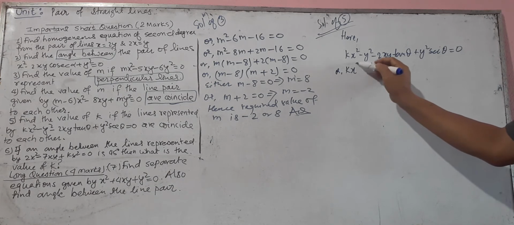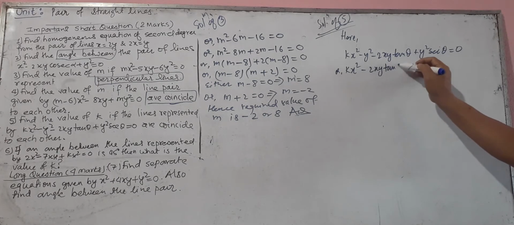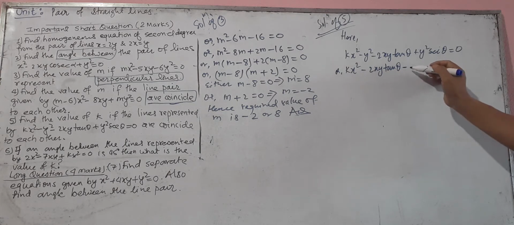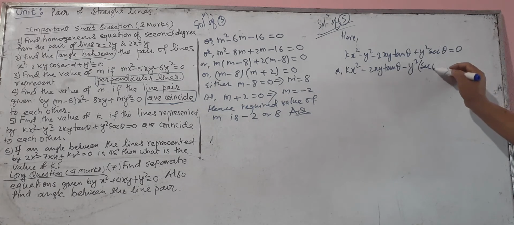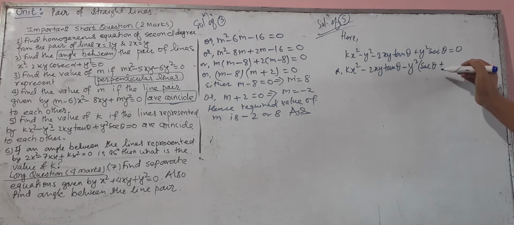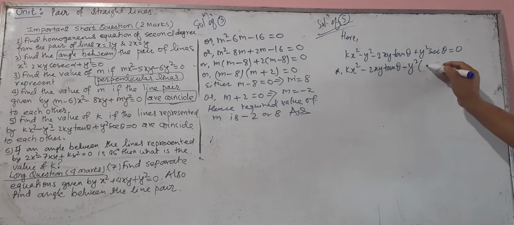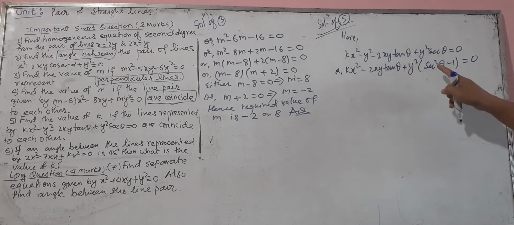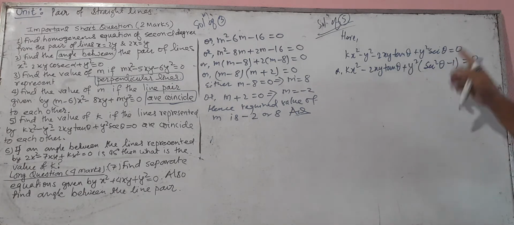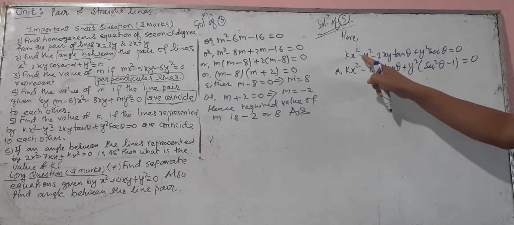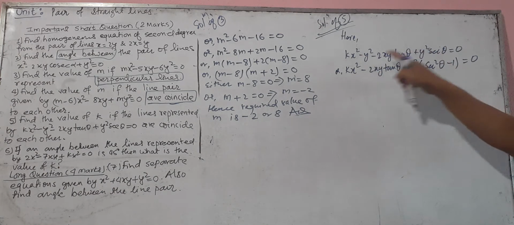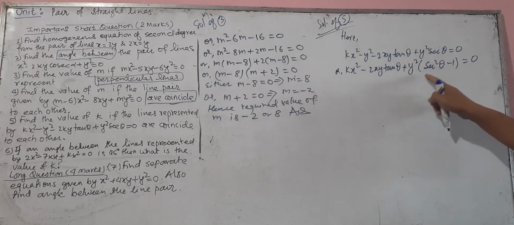So kx square minus 2xy tan theta, writing in the general form, minus, if you take y square common, then we get sec theta plus 1, minus... I take plus y square, then you will get sec square theta minus 1. Why are we doing this? Because sec square theta minus 1 is tan square theta. Taking plus y square common from this and this minus y square, we get this. Now this is the standard form of homogeneous equations in second degree form.